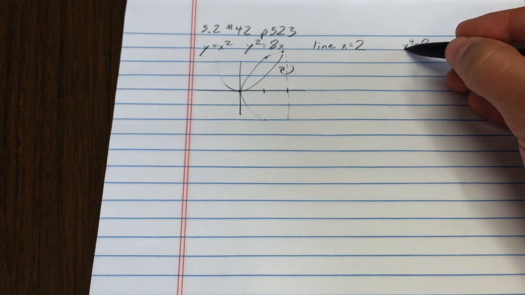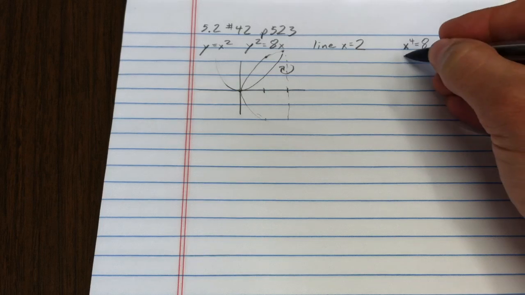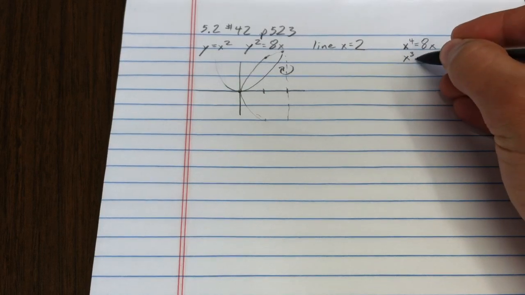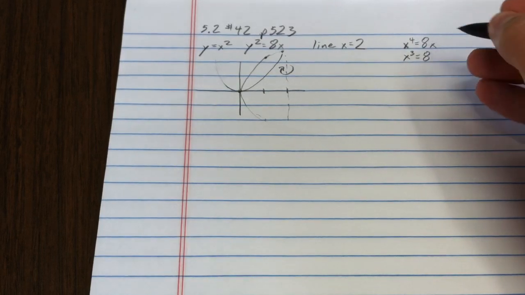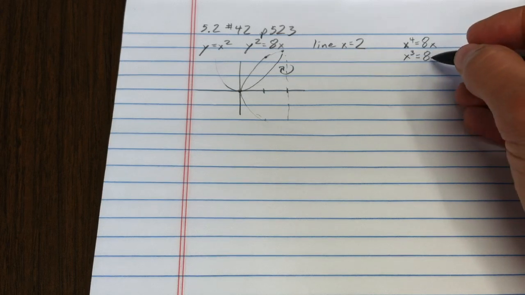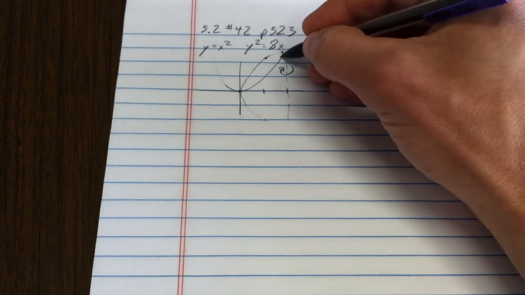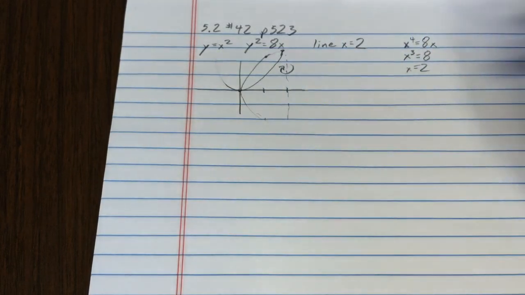One of the solutions is x equals 0. Dividing both sides by x, I get x cubed equals 8. The cube root of 8 is 2, so those cross at 2, and you can double check that too.